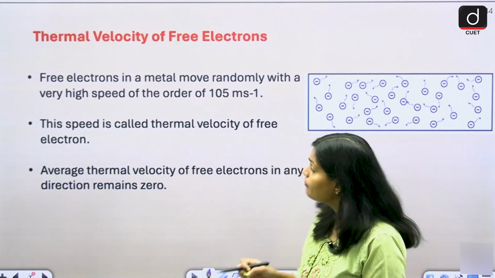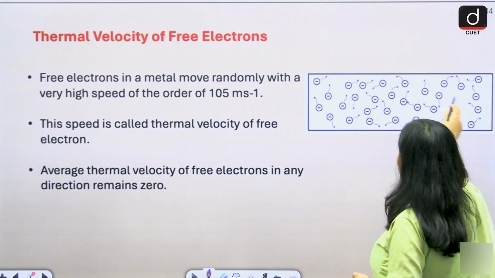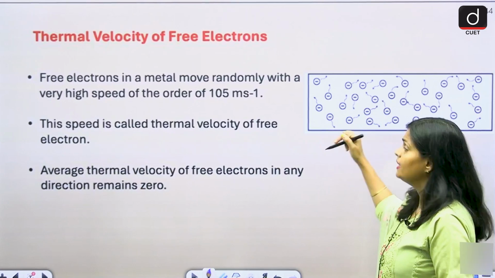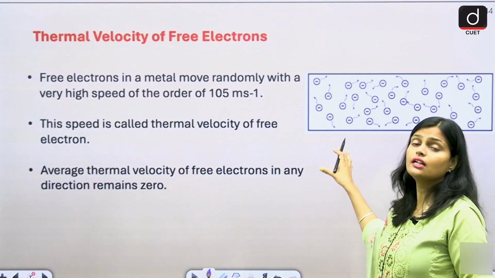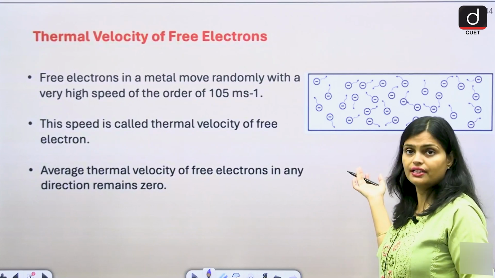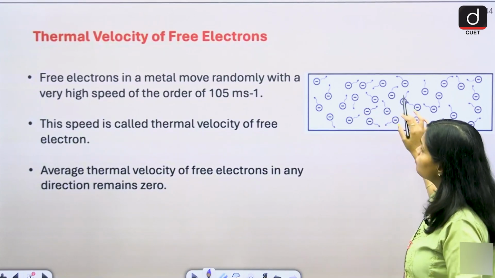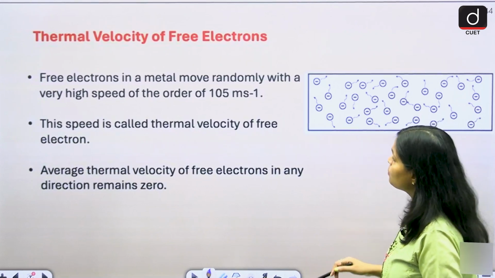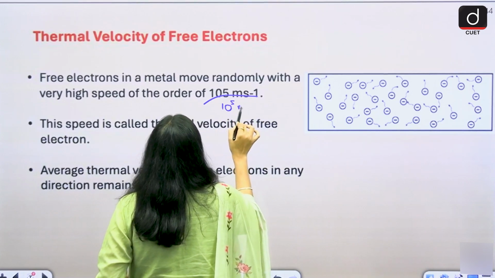So here, what is thermal velocity? Suppose this is your conductor and it has an electron. Since it is a conductor, there will be free electrons. As soon as you give it heat, and you also know that in a conductor we have free electrons, free electrons in a metal move randomly with a very high speed, of the order of 10 to the power 5 meter per second.